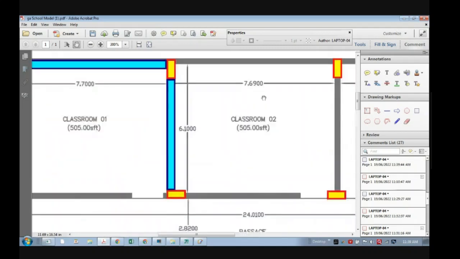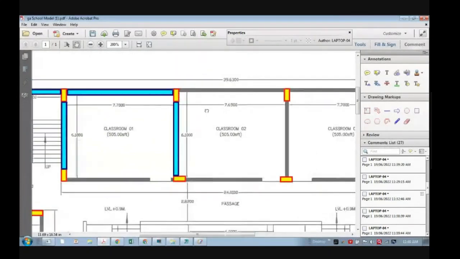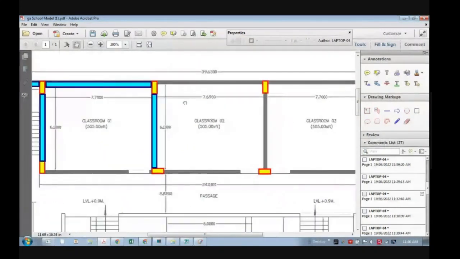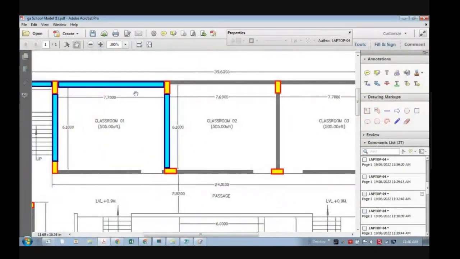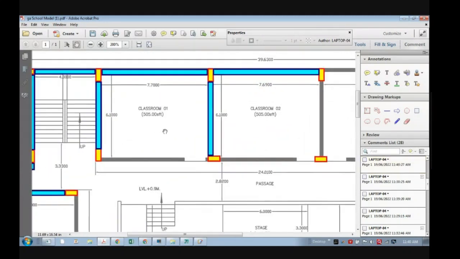Similarly, this column is exactly at the center of the wall. And this we have taken as offset. So वैसे करेंगे. Then let's take beam over here.